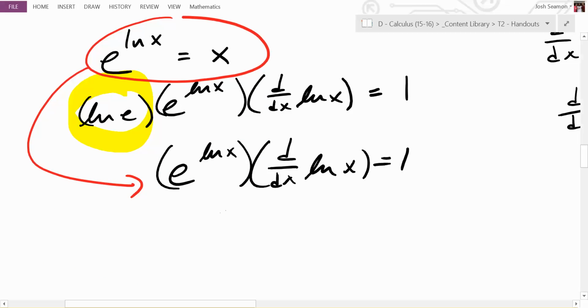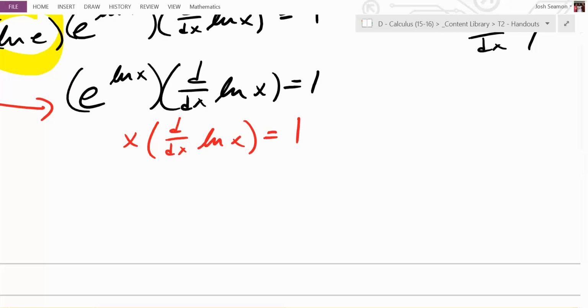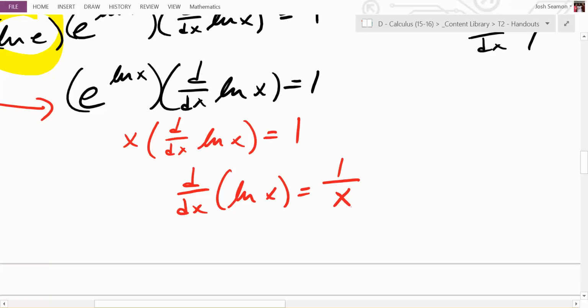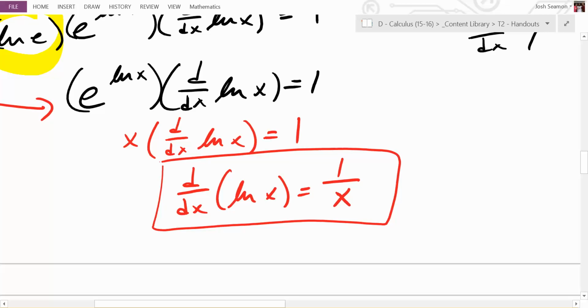So this is x times the derivative of ln x is equal to 1. What should I divide both sides by? x. So the derivative of ln x is equal to 1 over x. The derivative of ln x is 1 over x, everybody. Yay! That's something you need to add to the list of things you have to remember.